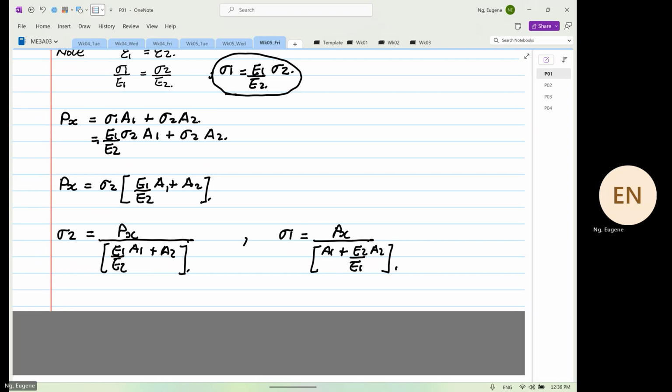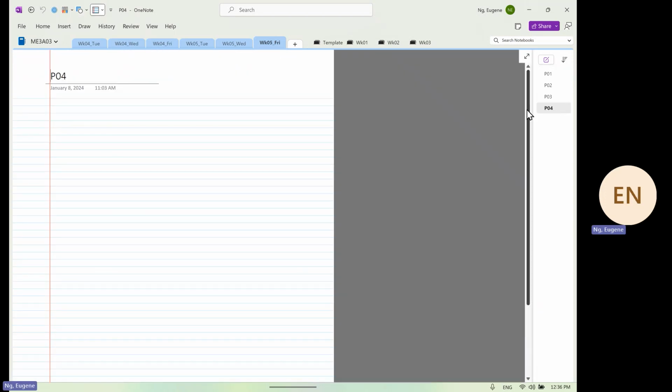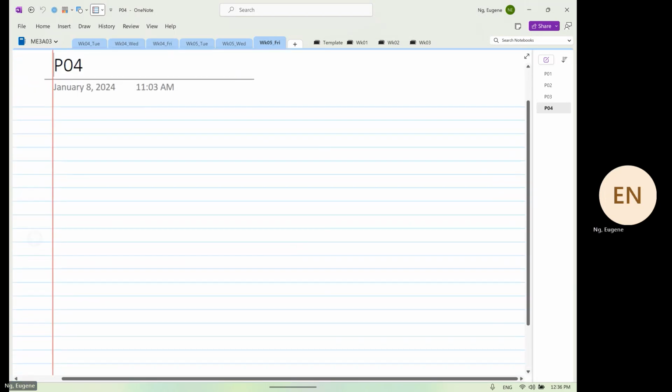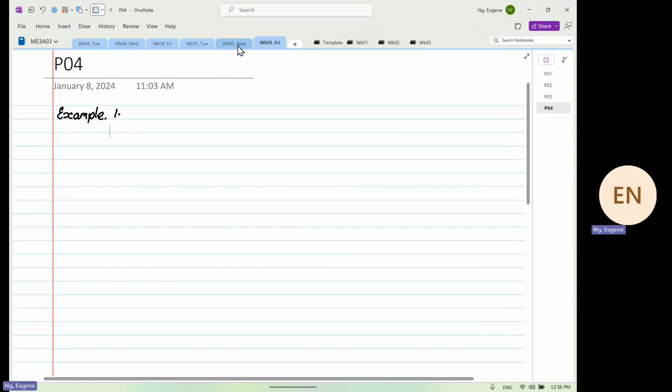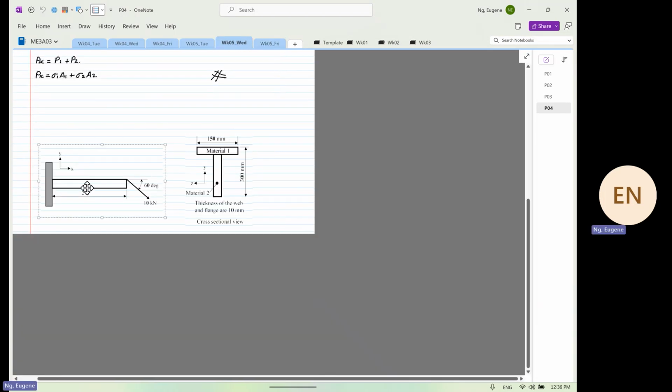Okay, let's look at the worst problem that Mother Nature can hit on us. So example number 1. We're going to look at this example, and this is the figure.